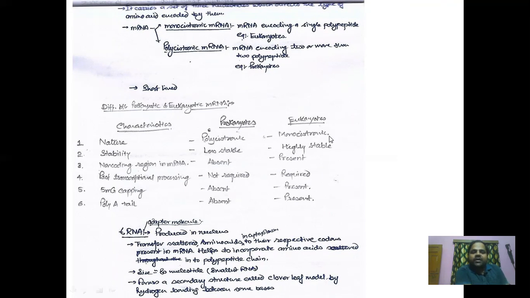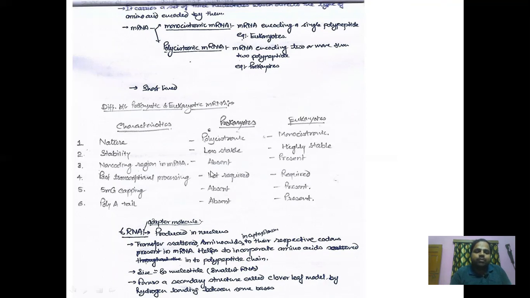In case of prokaryotes, mRNA is less stable, but in case of eukaryotes, the mRNA is highly stable. And the non-coding region in mRNA is absent in prokaryotes, but the non-coding region is present in eukaryotes.